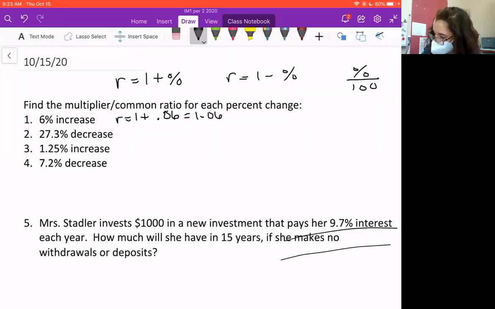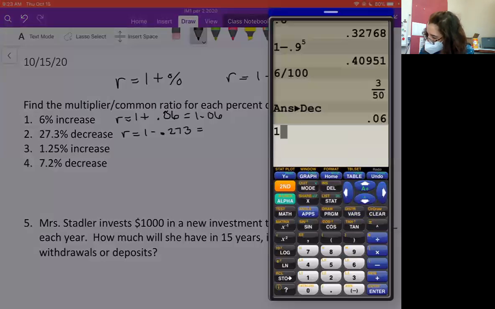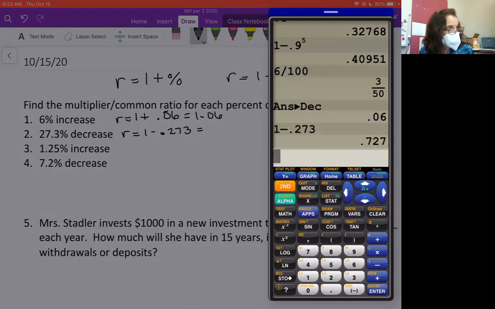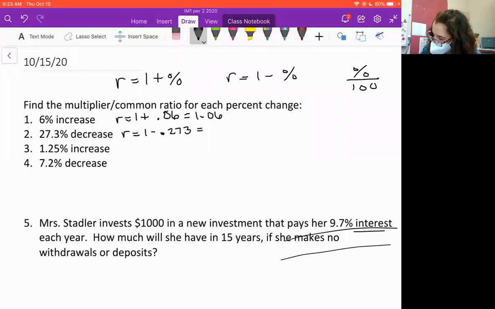Okay. A 27.3% decrease. We are going to take our 1 minus our percentage. 27.3%, I should say, is 0.273. So we grab our calculator. 1 minus 0.273 is 0.727.